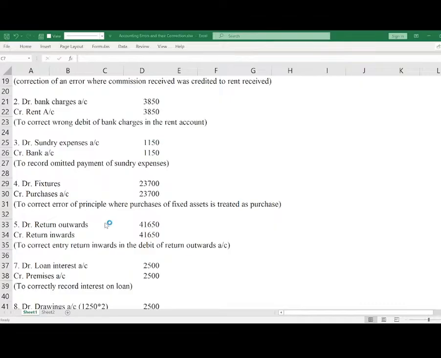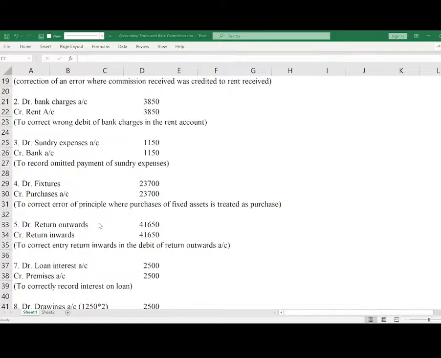Okay, so number 5, we are told that we have a return inward of 41,650 had been entered in the debit side of the return outward account.